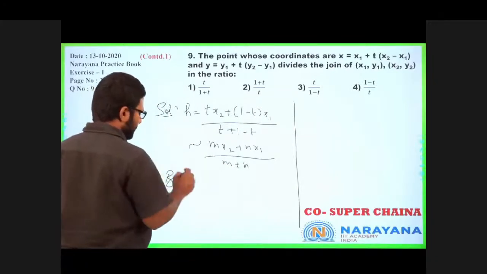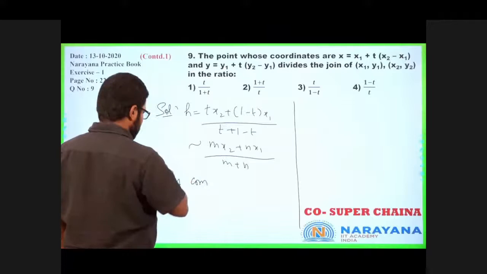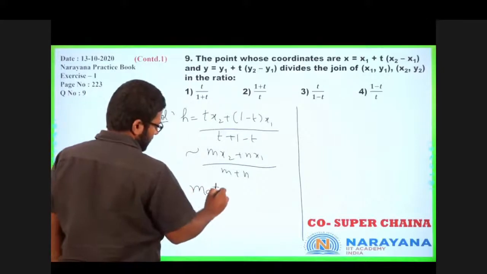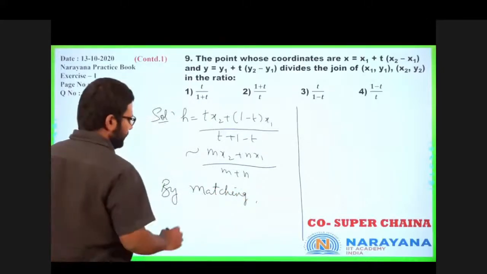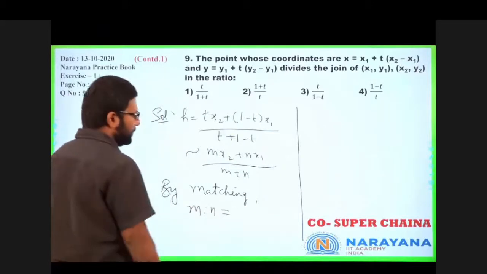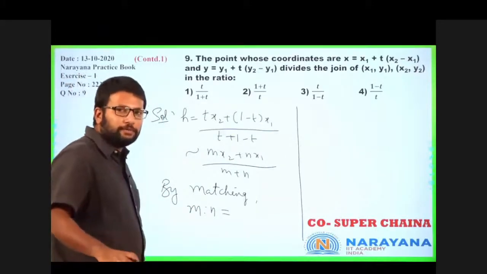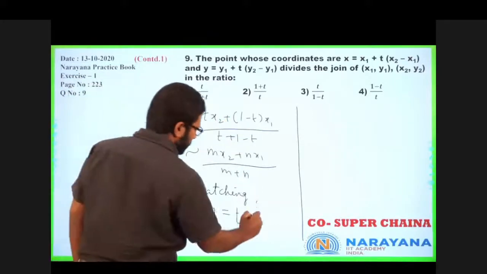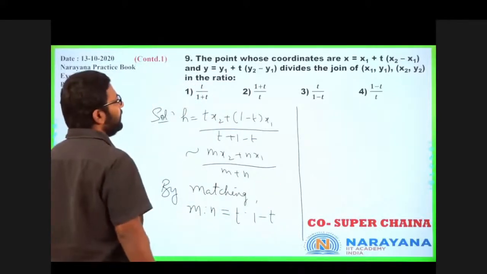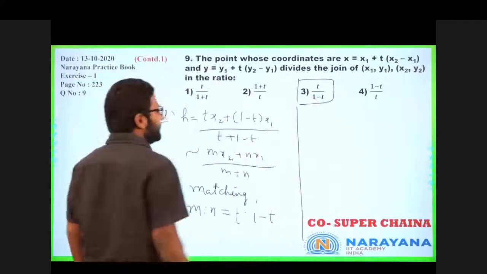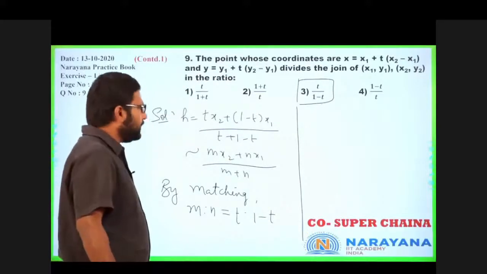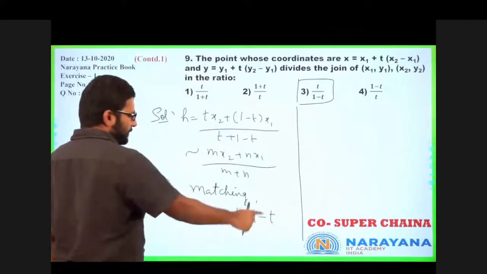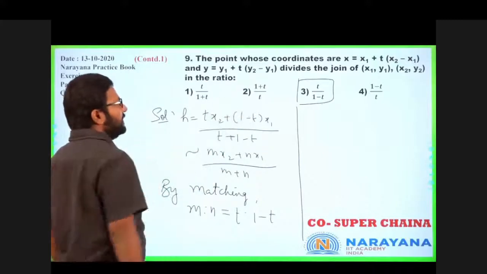So by matching, we can see that m is to n. Don't write m equal to n, but the ratio will be equal. m is to n is t is to 1 minus t, okay, t upon 1 minus t. Got it? And then you can also verify by taking y, but you see this and this are following the exact pattern, which means automatically you get t upon 1 minus t.